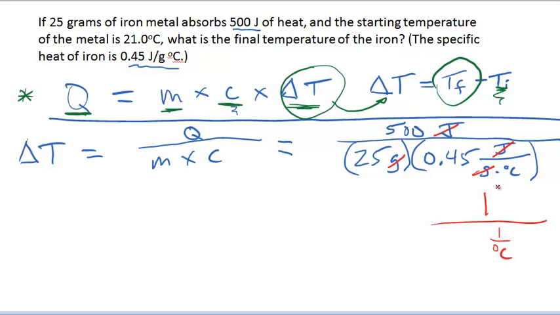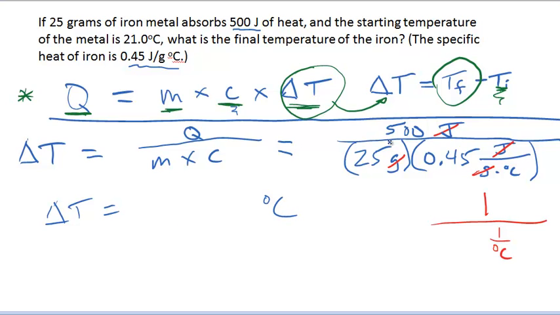Isn't that weird? Because this degree Celsius is in the denominator of the denominator, so to speak. So then this will flip up to become just degrees Celsius, and that's exactly what we want. Okay, so that's fine. So delta t, then, we are ready. I'll put the unit here.